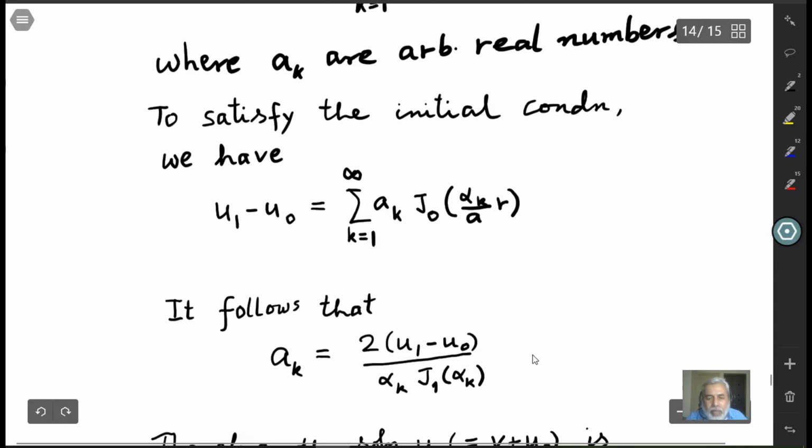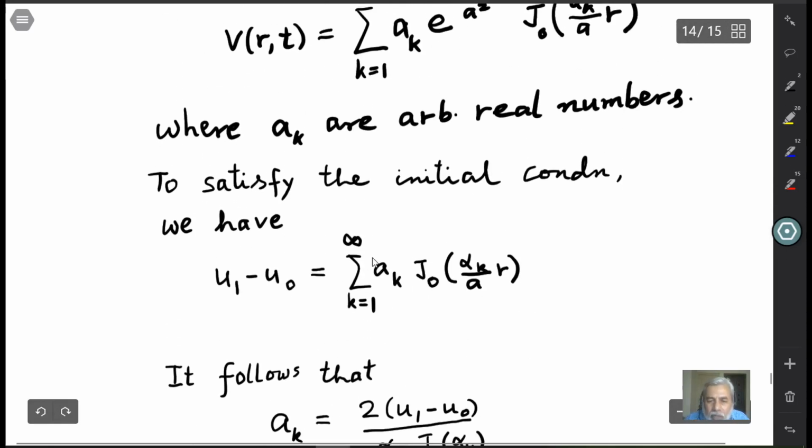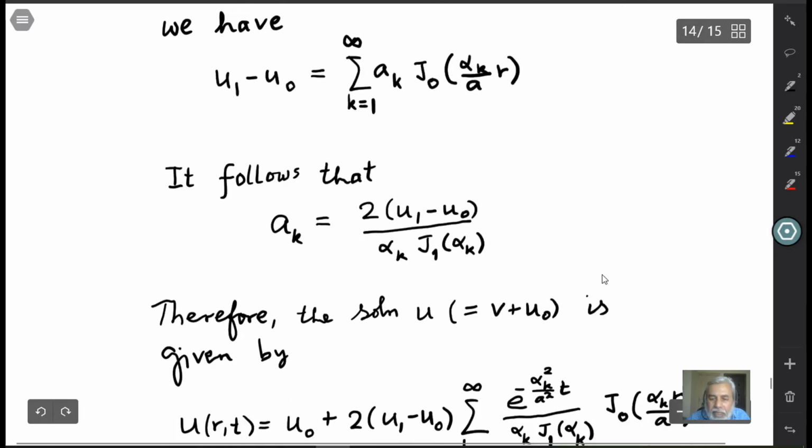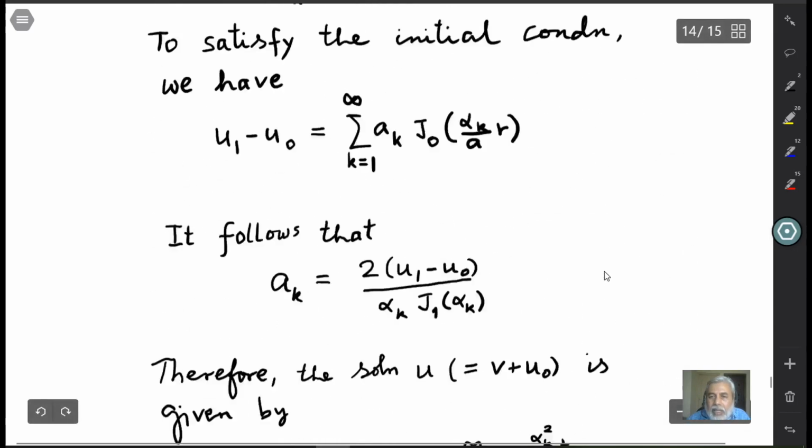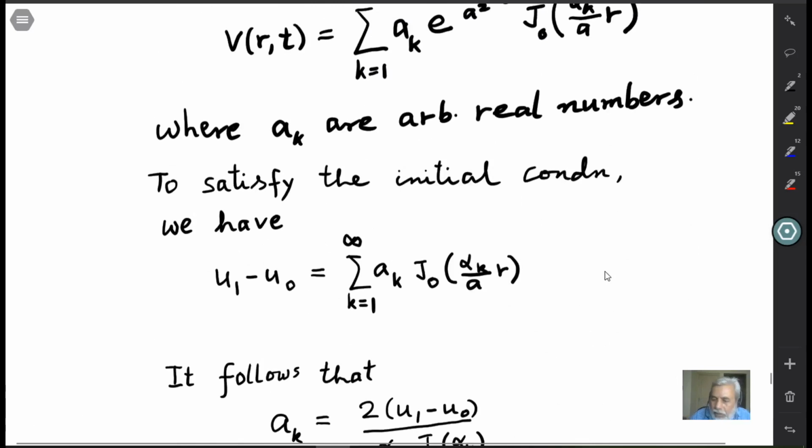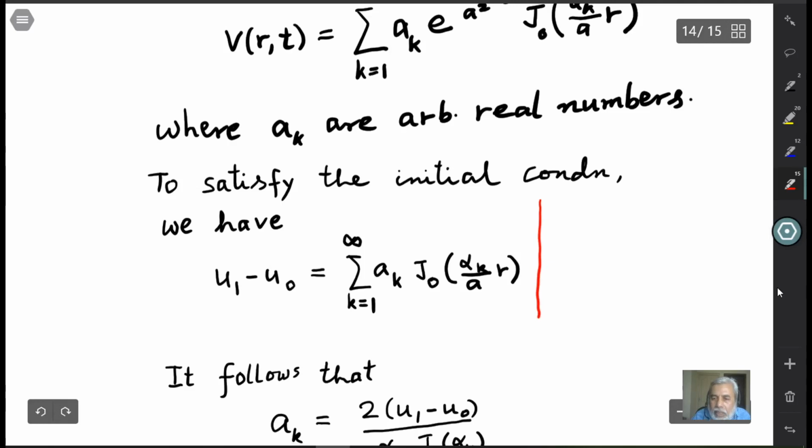In order to determine this a_k, just like we do in Fourier series, we require some orthogonality properties of J0. I'll write them here.